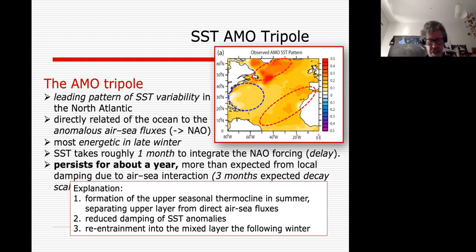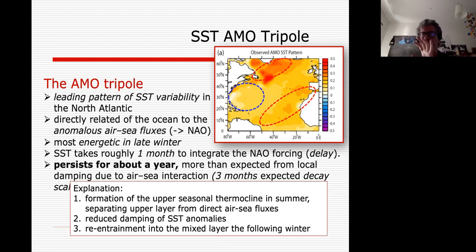There is an explanation. The formation of the seasonal thermocline in summer separates the upper layer from direct air-sea fluxes. And this reduces damping of SST anomalies, until the entrainment of the mixed layer the following winter. We saw this in the explanation of the mid-latitude reemergence of the anomalies in the upper ocean during the discussion of the mixed layer dynamics.